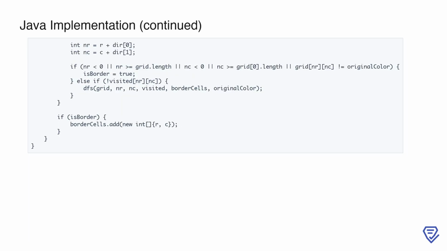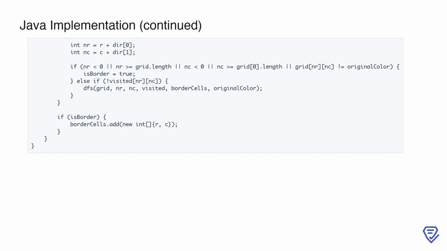The DFS method is a recursive function that explores the grid to identify the connected region and its border. We first mark the current cell as visited and initialize a flag, isBorder, to determine whether this cell is part of the border. We then define the possible directions for movement: right, down, left, and up, and iterate over these directions. For each direction, we calculate the new row and column.